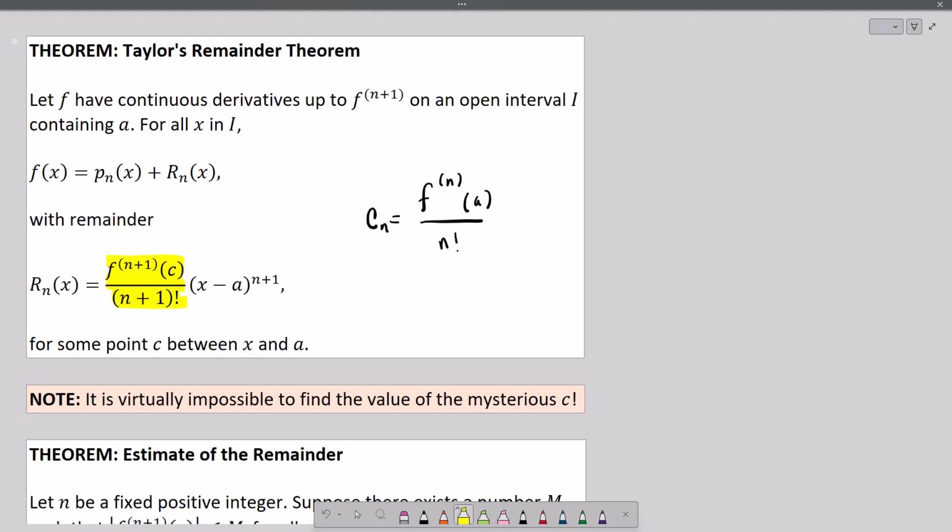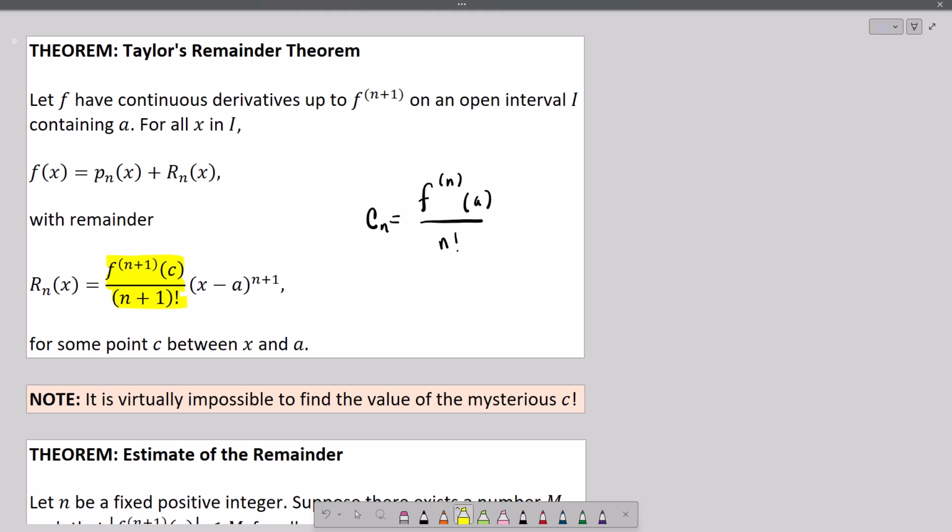That matches our pattern. If we did this, the next one would be the n plus first derivative divided by n plus 1 factorial. What's the one difference? A and C. So here, when we're building our Taylor polynomial, each derivative is evaluated at A, and then we do an x minus A. What this is saying should remind you of the alternating series remainder.